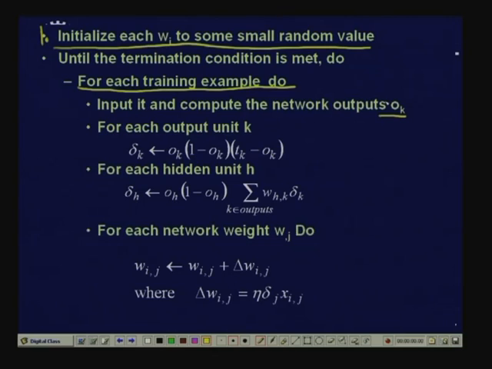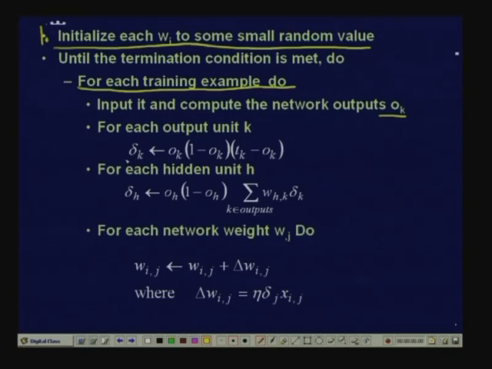We are not going to derive the gradient descent for a multi-layered neural network. You can refer to a book for that, but the computation is a little bit involved. So, instead of doing the derivation, I will just present the back propagation algorithm.